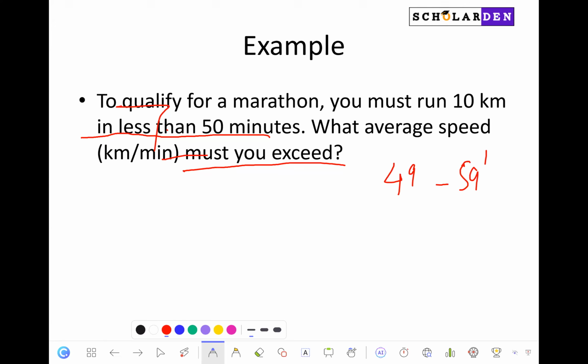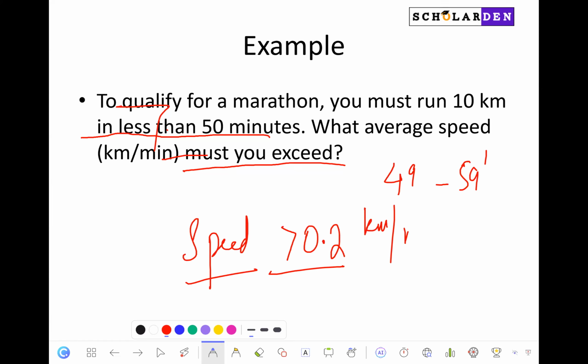That's only possible if we exceed the speed. If our speed is greater than 0.2 kilometers per minute, we would be able to beat this goal, which is covering 10 kilometers in less than 50 minutes. So our speed must be greater than this value.